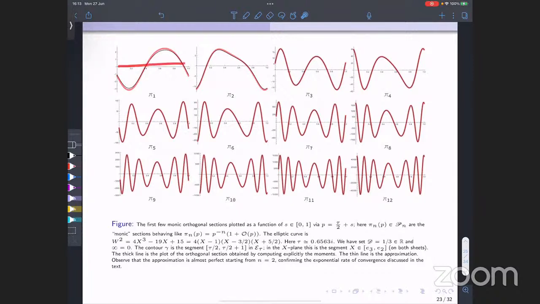The horizontal axis, from 0 to 1, is this cycle, the oval, and this is the value of the real function. The black is obtained by Gram-Schmidt with Mathematica, and the red is the result of the approximation. Here the convergence is super exponential. One can prove that because of the property of the measure.